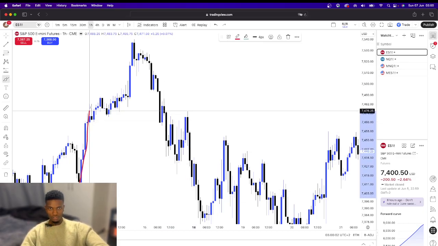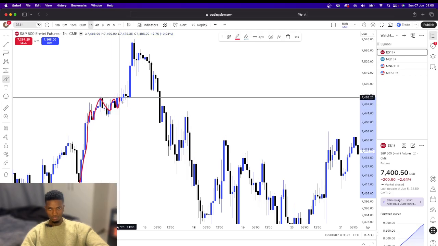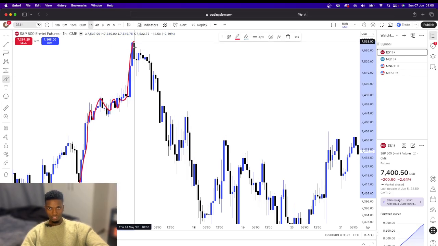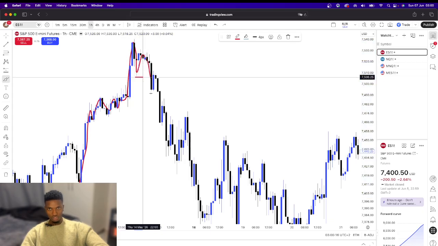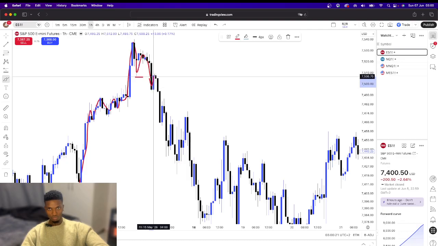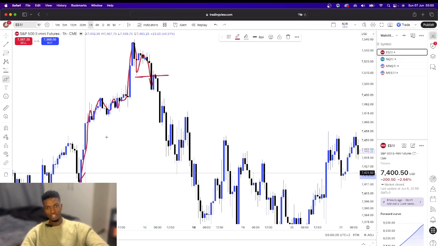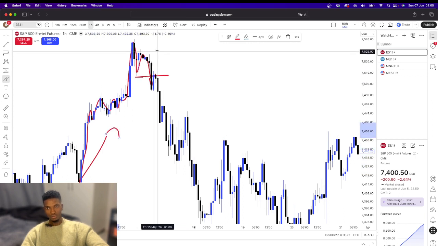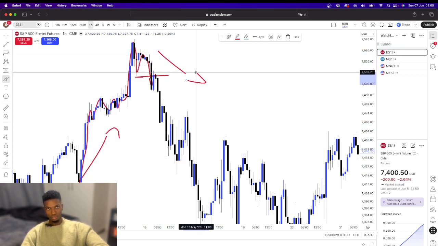From here we have a move up, a move down, a move up, a move down, a move up, move down, move up, then a move down, right? What did we have? A move up, then a move down, then we closed below this low with a full body of the candlestick, right? And we moved up. This signals a break of structure, meaning from an uptrend to a downtrend, right?